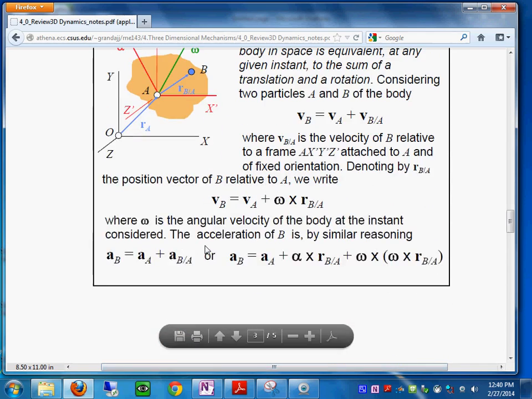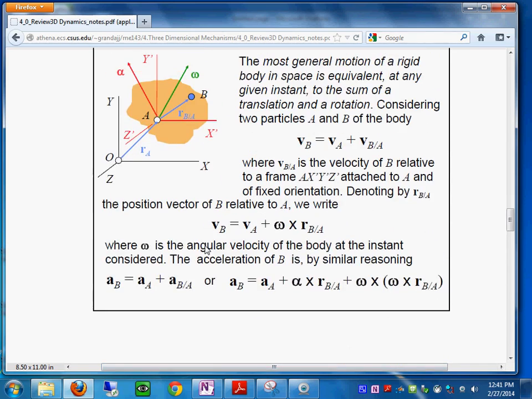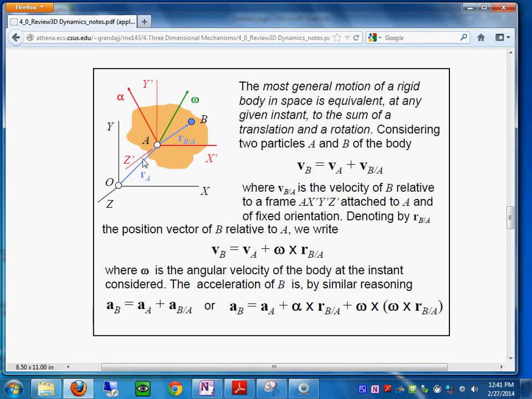Let's continue on in here. If you have a rigid body and you have a reference frame in here, we need to find an expression for the velocity and acceleration of any point on the rigid body by knowing the velocity of acceleration of another point.